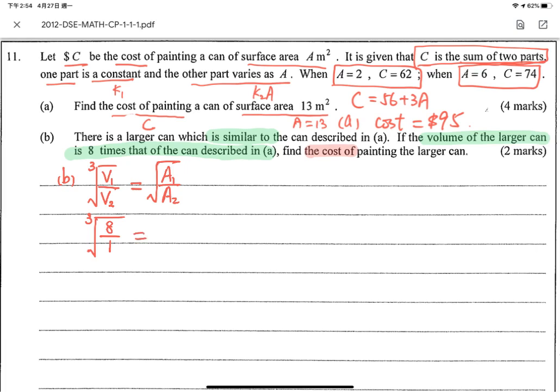And the larger can's surface area, we don't know, we just let it be A1. And the surface area in part A is 13, so take the square root.